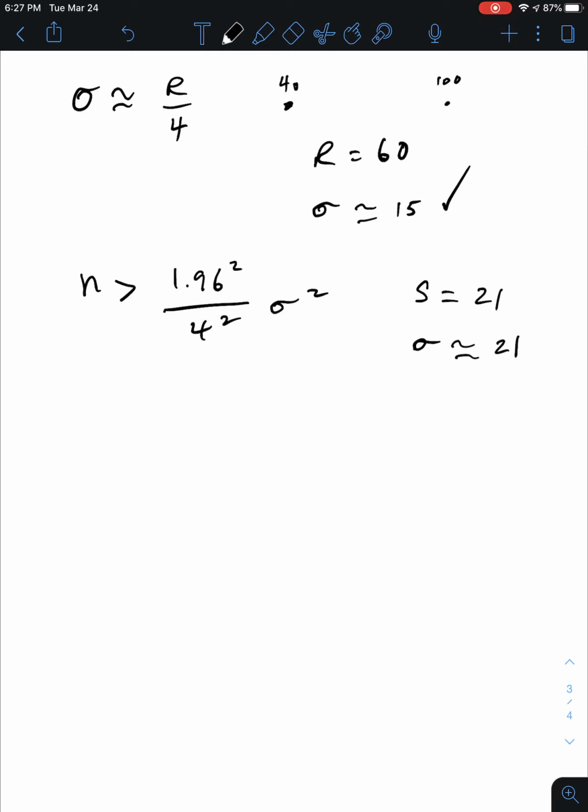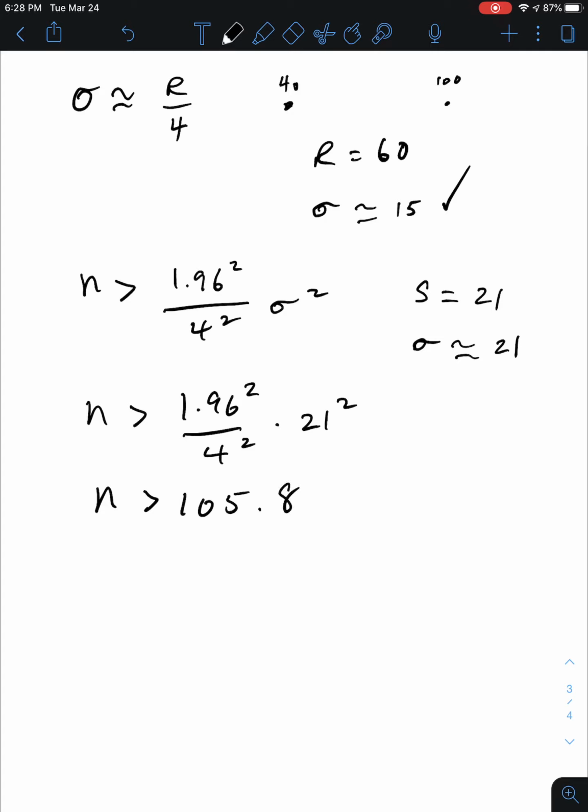So we feed that into our expression, 4 squared times 21 squared. Now I pull out my calculator, which I have misplaced. Hang on a second. All right, you are going to get that n has to be greater than 105.8.